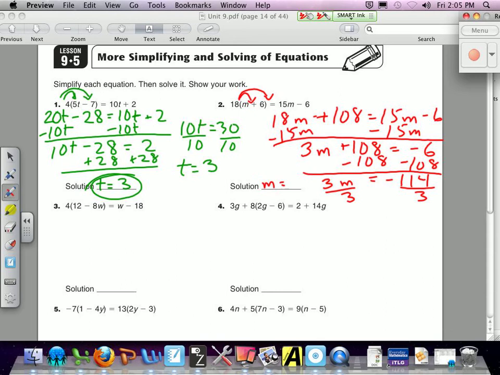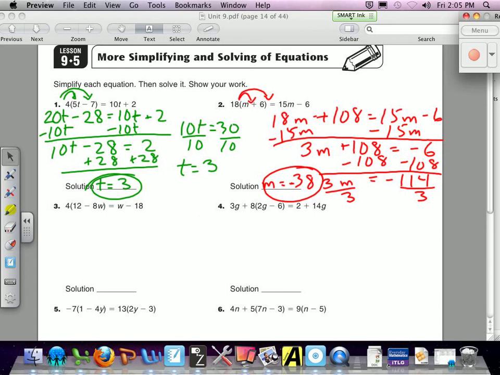No, 38. No, 28. Yeah, 38. And that's what happens when I don't do my long division. On my original sheet, I did long division because as much as I like to do mental math, I make more careless errors when I do mental math. So, negative 38.